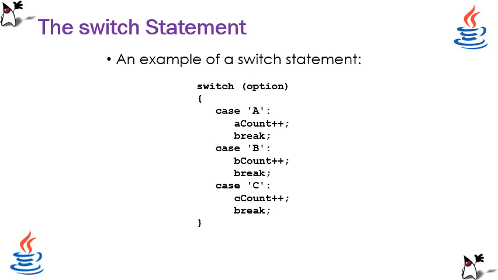Suppose the option value is B, B count plus plus is executed, that is incremented, and break statement is executed, so it comes to the end of the switch statement. Same holds good for this last option.